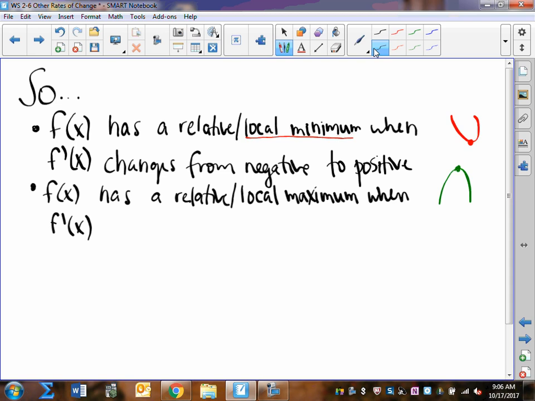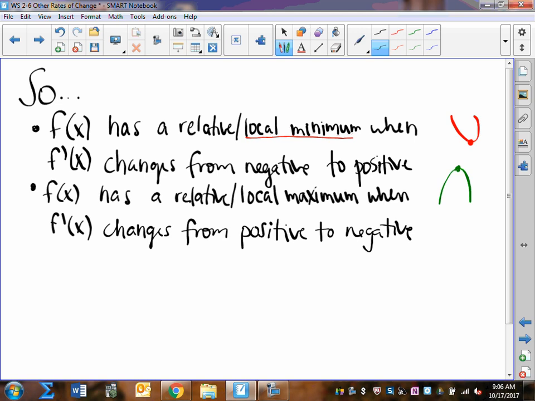Good, from positive to negative. When my derivative changes from positive to negative. And again, that tells us about our local maximums.